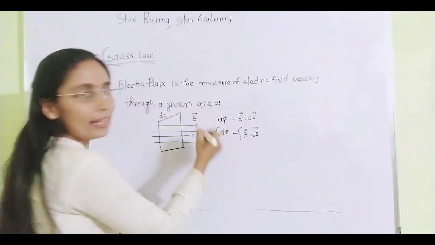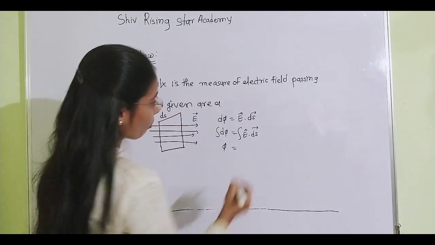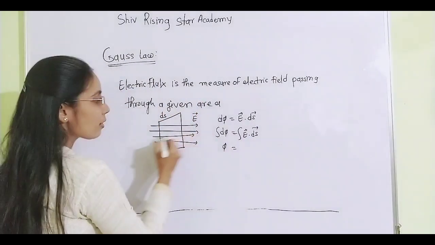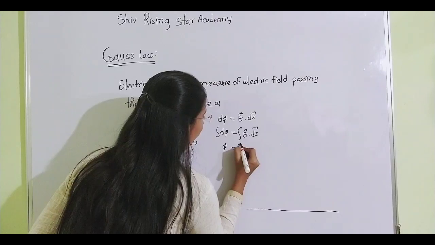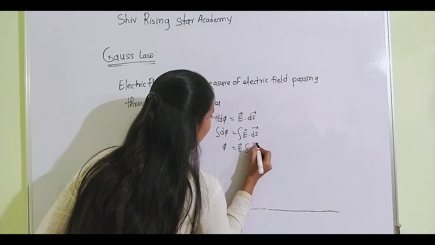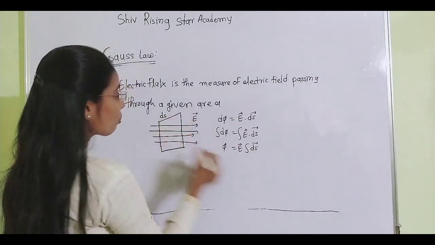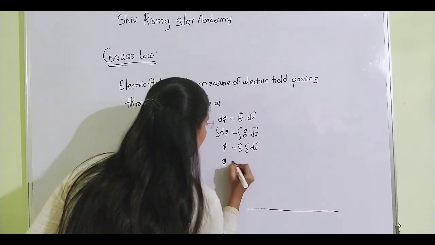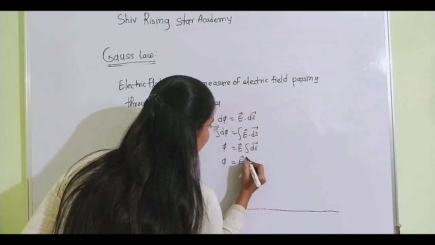The integration of dφ is φ, and the electric field is constant everywhere, so we can take it outside. So E bar integration of dS bar. The integration of the small area is the total area. So φ is equal to E bar dot S bar.